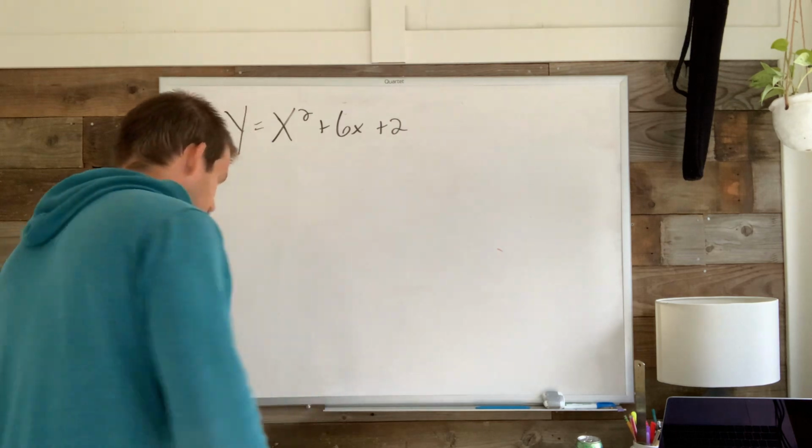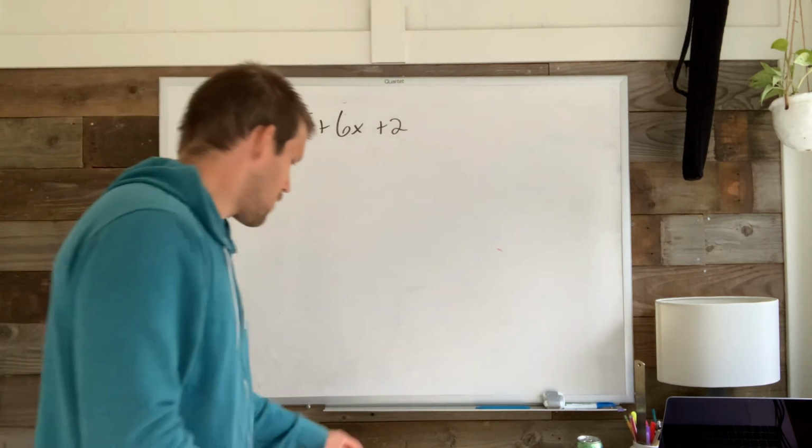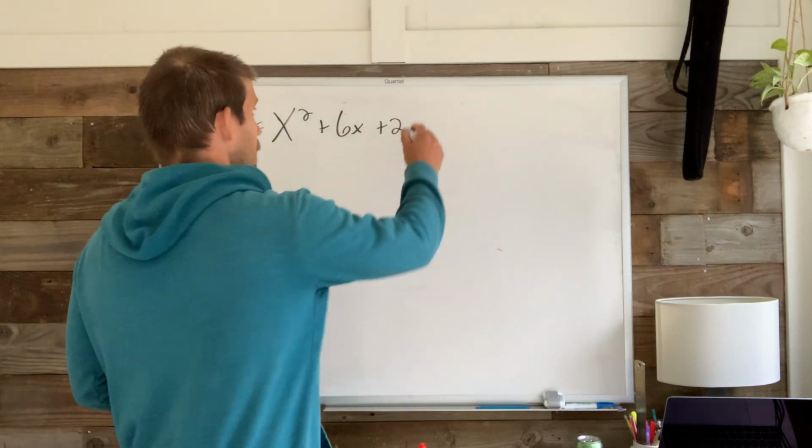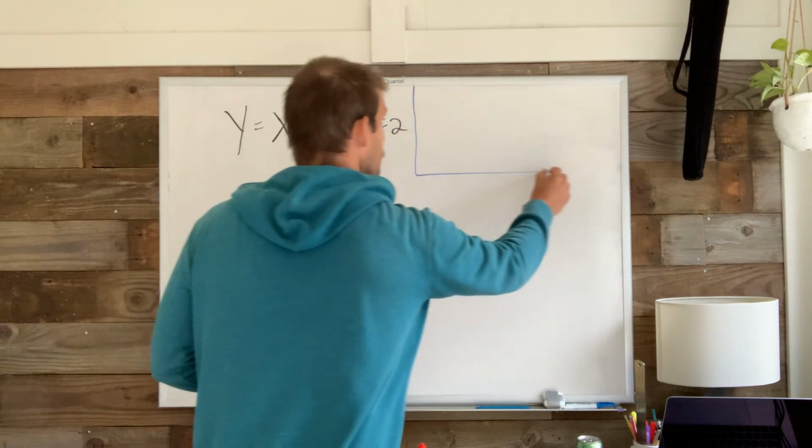It's one of those that makes you look like a mathematician when you do it, which is always fun. And I'll write it up here so we can keep it.